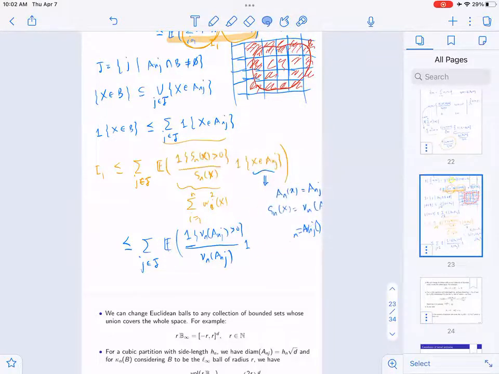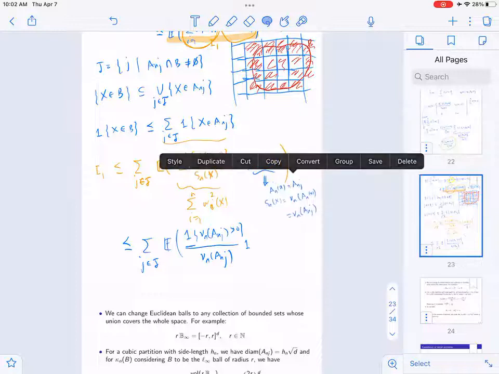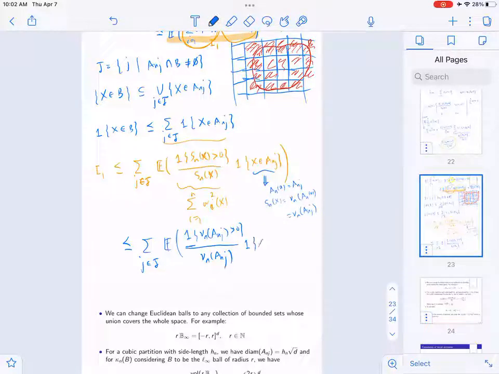Okay, this is good so far. Is this clear?